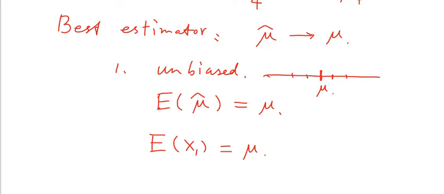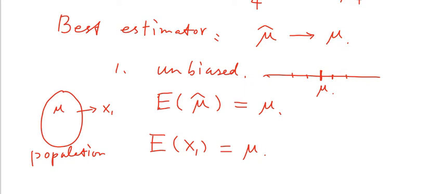Sometimes it is a little bit high, sometimes a little bit low, but on the average it is mu. So if the population average is mu, then x1 equals mu on average, and x2 is also mu.